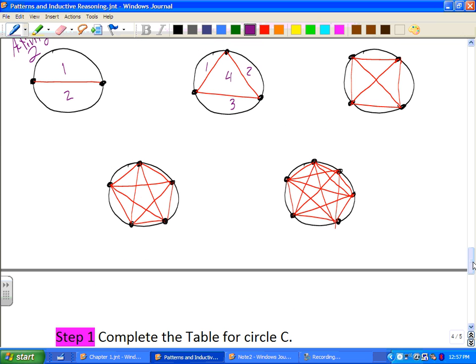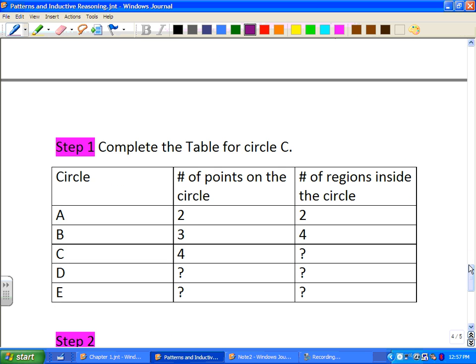So, we're going to count circle C. All right, so we went from having 2 to 4. Now I have 1, 2, 3, 4, 5, 6, 7, 8. So what does it look like I'm doing? I'm doubling each time. Multiply by 2, multiply by 2, so I have 8.